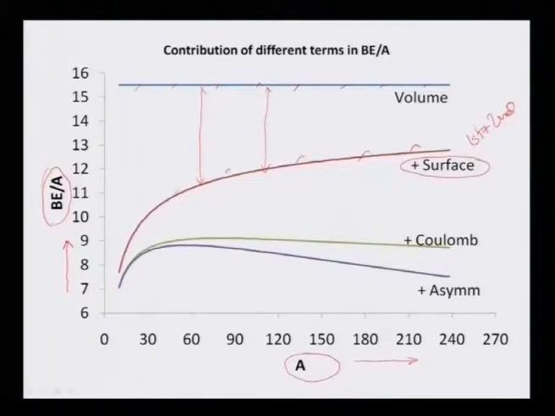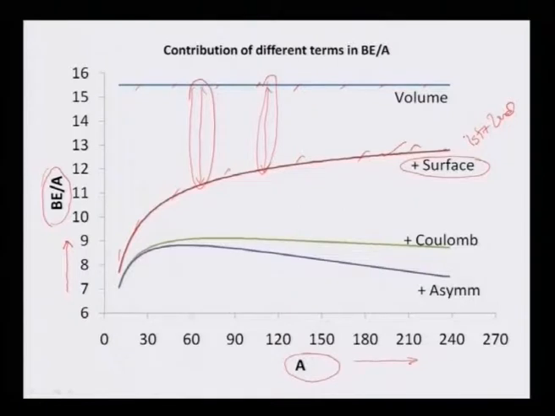This is the surface energy contribution that has been subtracted from the volume term to get a final curve like this. So, this curve corresponds to both volume and surface terms.